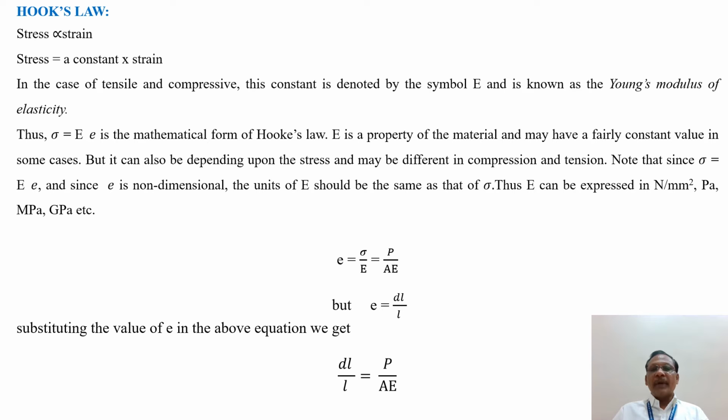E is the property of the material and may have a fairly constant value in some cases, but it can also depend upon the stress and may be different in compression and tension. Note that sigma is equal to E, the Young's modulus, into the strain, and since strain is non-dimensional, the unit of E should be the same as that of sigma.